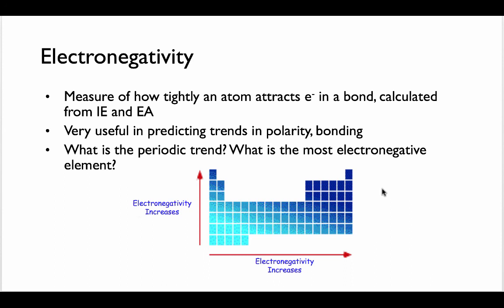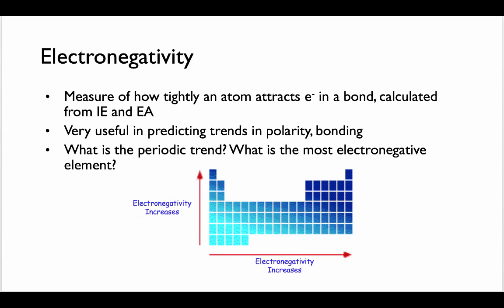And the noble gases in general don't make bonds, and so we can't really talk about that in a meaningful way. So again, electronegativity, like ionization energy and electron affinity, will increase as you go up and to the right based on Z effective and n. And that's the periodic trend.